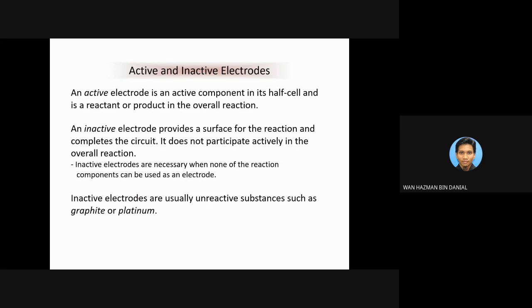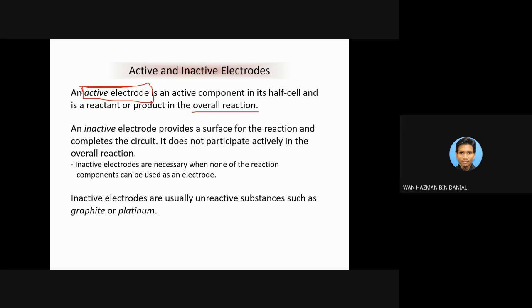Okay, and then let's look at the electrodes. So we have active and inactive electrodes. Active electrodes ni, it means that the electrodes participate in the reactions. Okay, so it is an active component in the half cell and is a reactant or product in the overall reaction.